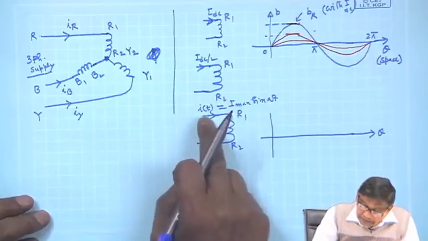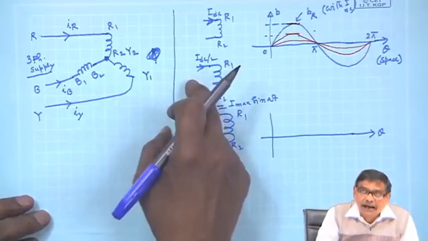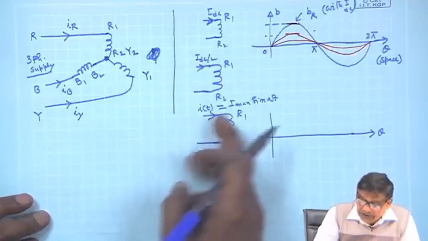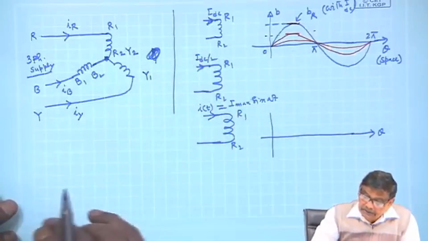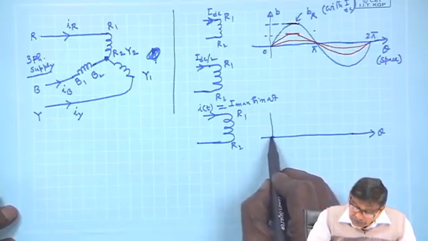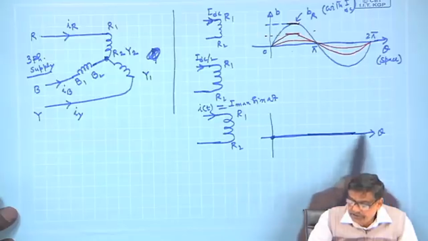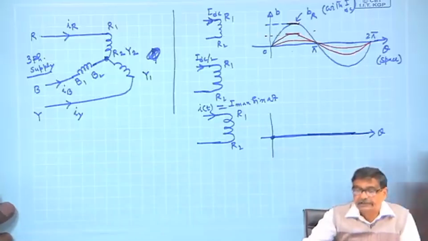Now, the current magnitude is changing on its own. I do not have to connect another DC source and pass I DC by 2. It is changing on its own. When it will be 0, there will be no B distribution, it will be along this axis only, that curve.